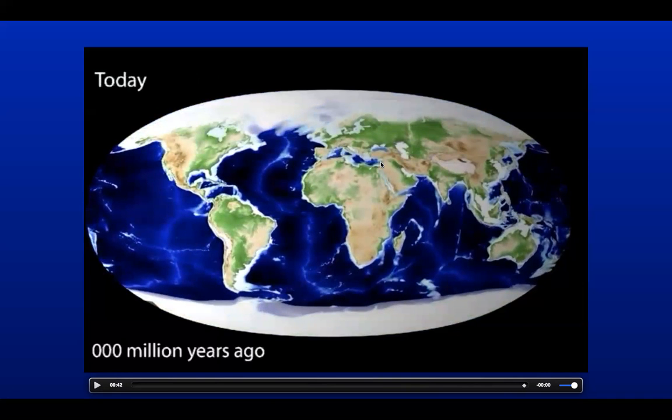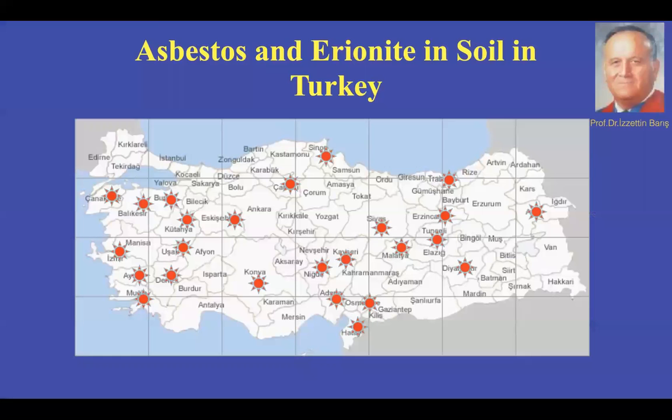This is very important because geologically, the floor of the oceans contains a very large amount of asbestos. This is probably because of the sediments of microorganisms. İzzettin Barış, who died 3 years ago, worked at the Hacettepe University Pulmonary Medicine Department.